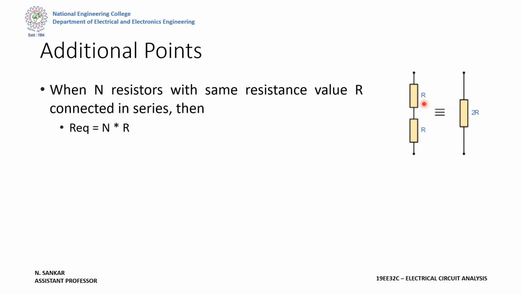So in case of n resistors of the same value R, it will be equal to n into R. Okay. So instead of adding, we can just multiply by the number.